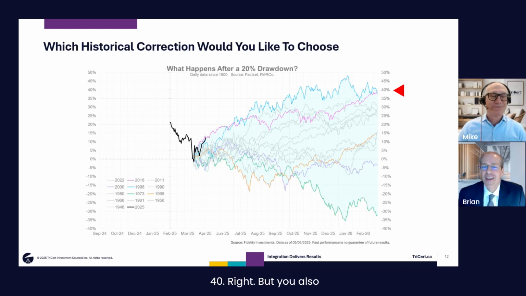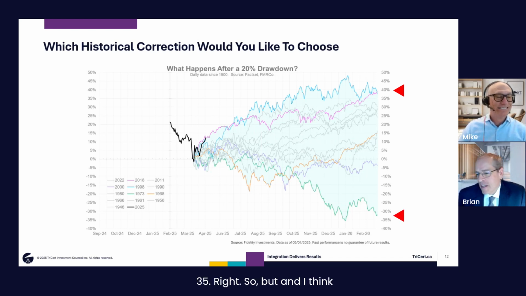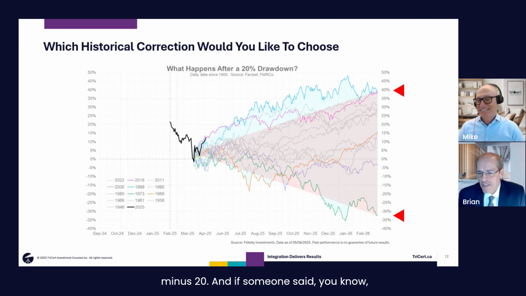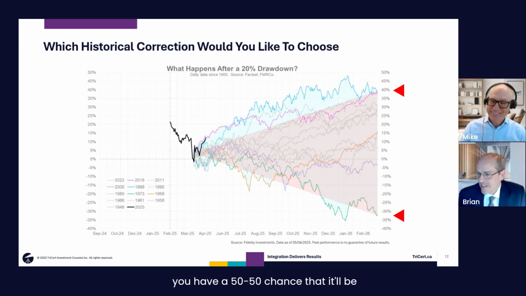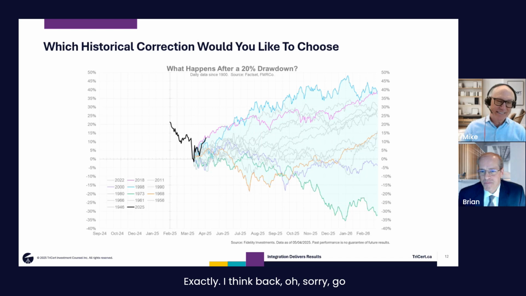But you also have 1973, which many investors probably won't remember, but minus 35. These are your base rates of potential outcomes after a minus 20. If someone said you have a 50-50 chance that it'll be minus 35 or plus 40, that's a big range of outcomes.